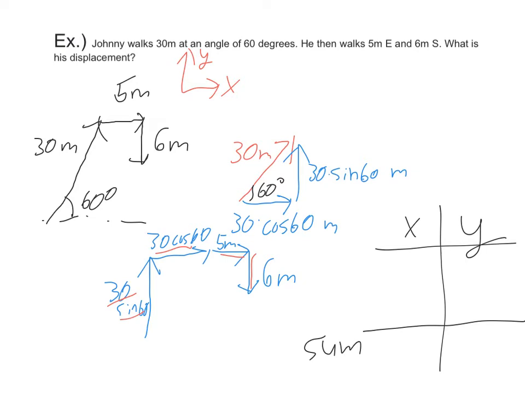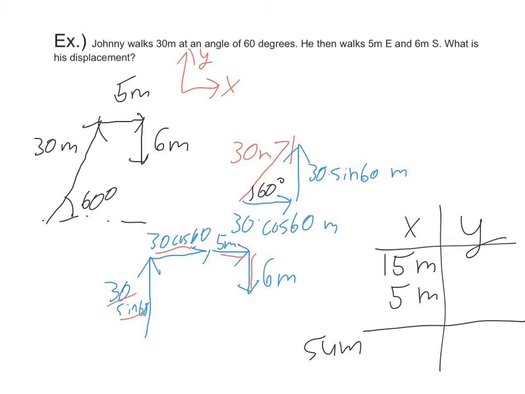So for the x component, I have 30 times the cosine of 60. And if we got that as a number, it would come out to about 15 meters. We're going to keep that positive since it is pointing in the positive x direction. The only other x component in this problem is the 5 meters east, which would also be in the positive x direction, so that will stay positive as well.